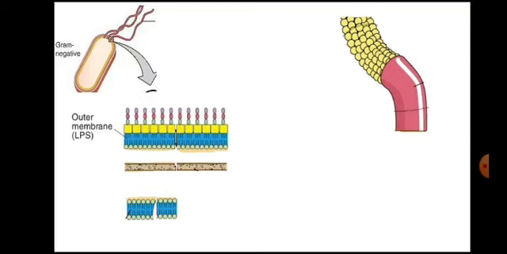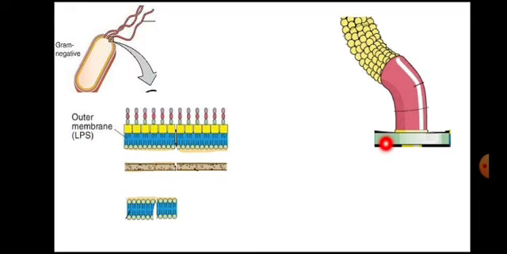Basal body in the case of gram negative flagellum consists of rings. This is the first ring, which is going to sit or be embedded in this outer membrane of lipopolysaccharide, and therefore this ring is called the L ring. L stands for lipopolysaccharide.